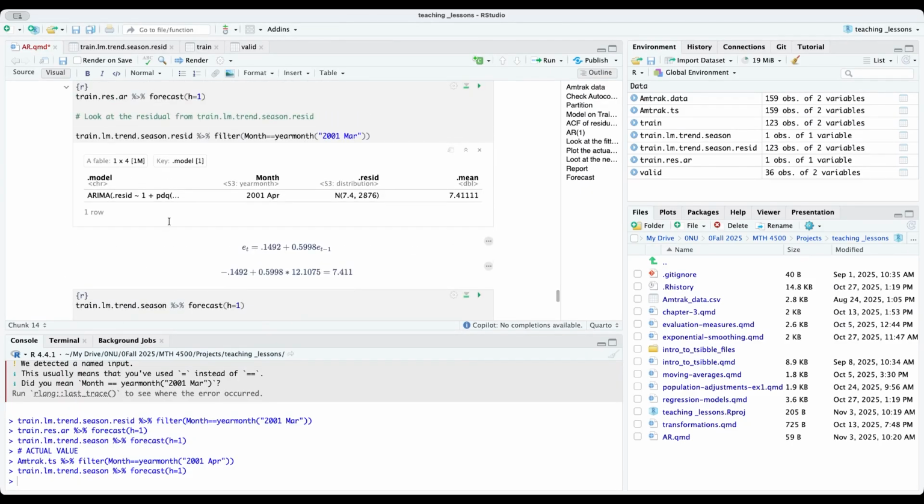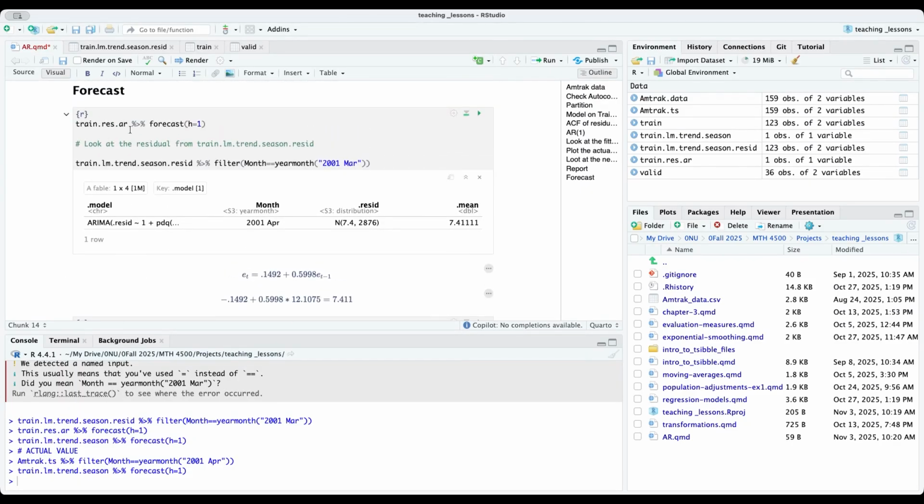One more time. We did a forecast using the second model for April 2001. We found that the forecasted error is 7,411, which we come up with from the equation: we plug in the previous error, and we get 7,400.